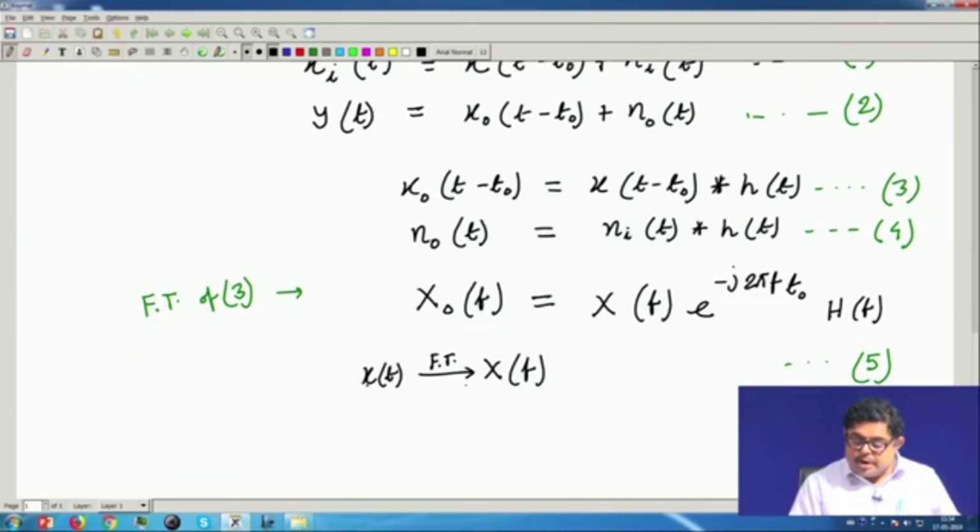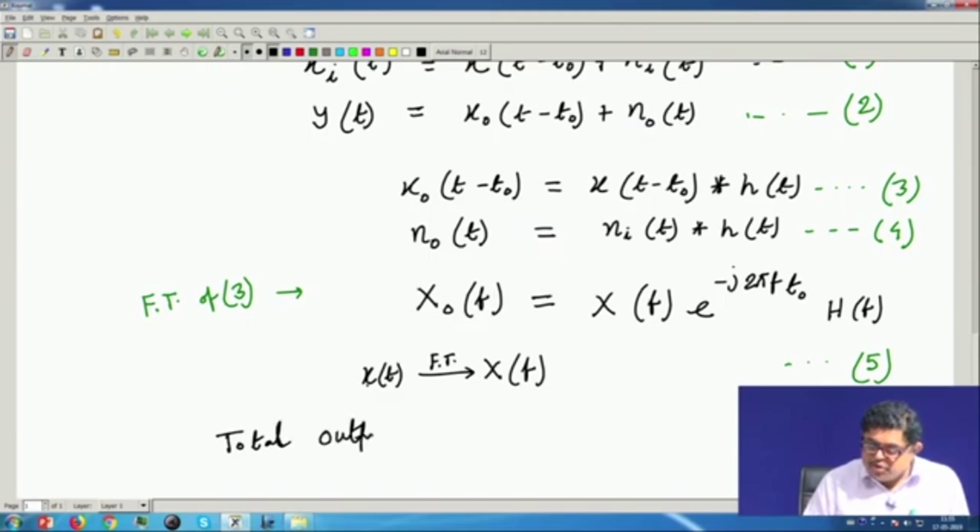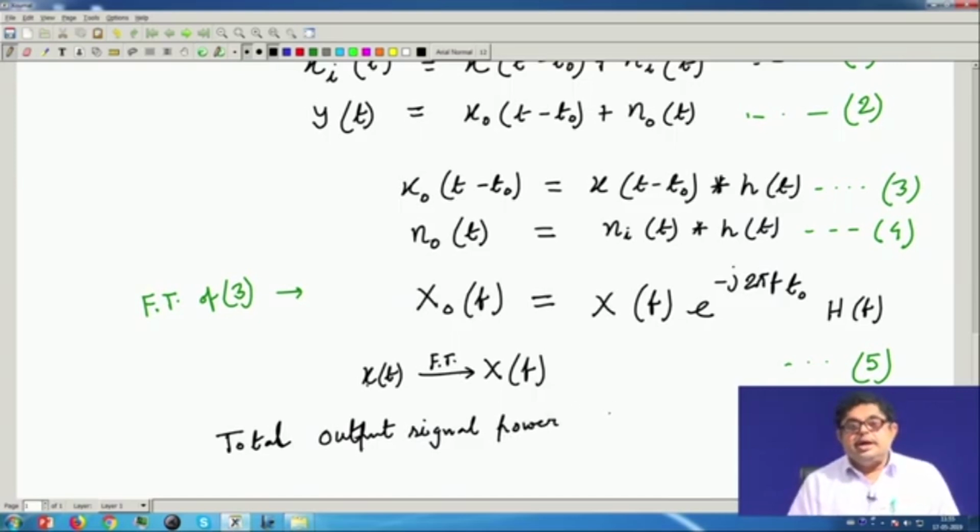So, what is the total output signal power? Now, we know that there is a theorem called Parseval's theorem, by which, if we know the Fourier transform, that means, if I know X(f), from X(f) also I can find the power.